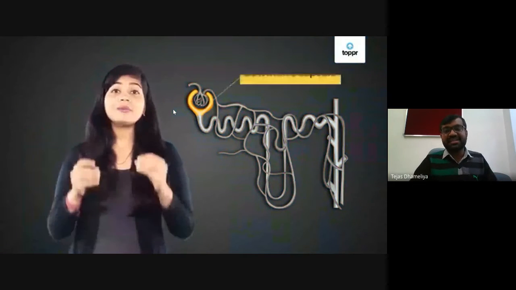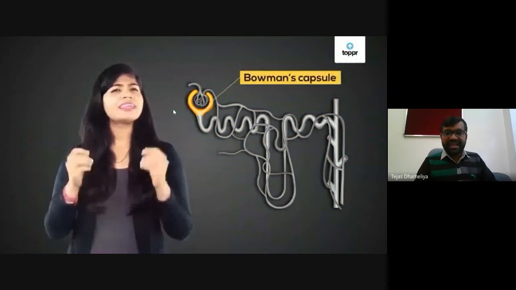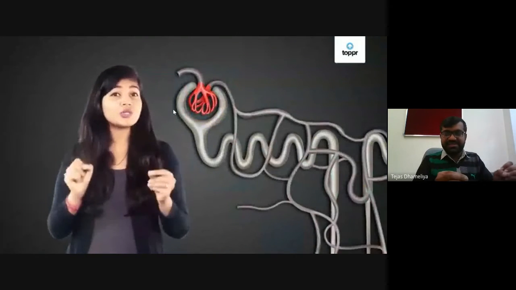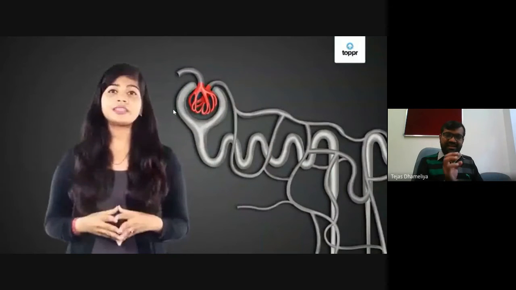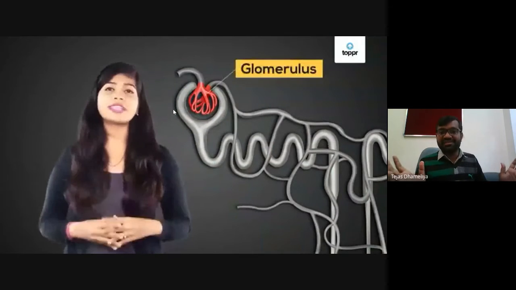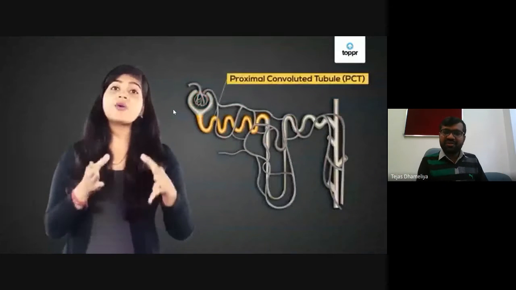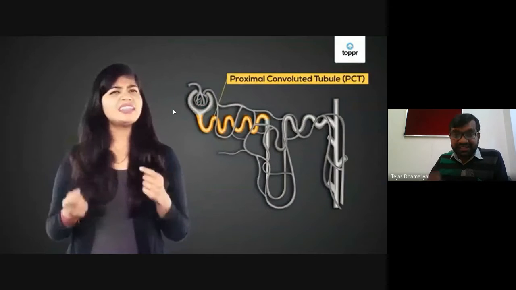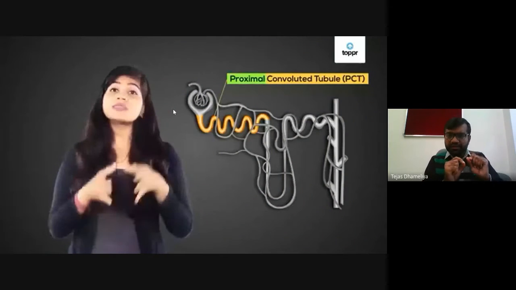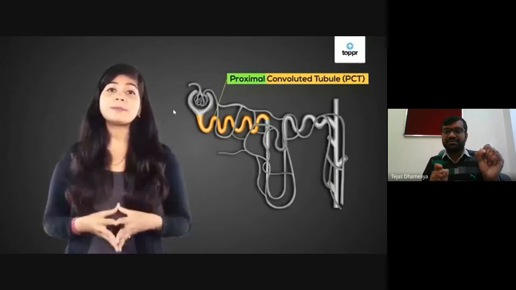This is the structure of nephron. The first portion is Bowman's capsule, where the blood vessels make the glomerulus. This glomerulus is in connection with the proximal convoluted tubule. It is called proximal because it is much closer to Bowman's capsule.